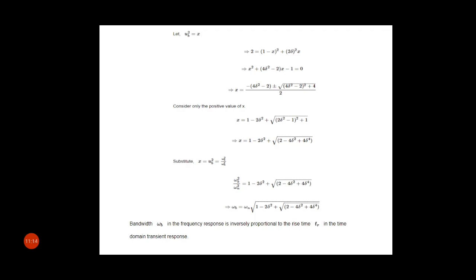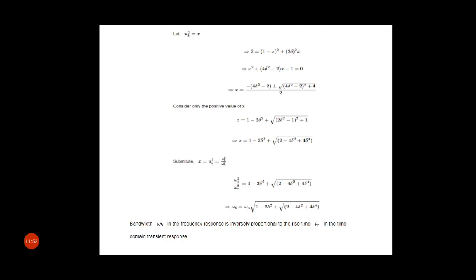Simplifying this equation, we can find x equal to (minus 4 zeta square minus 2 plus minus root under (4 zeta square minus 2) whole square plus 4) whole divided by 2. Now we consider only the positive value of x, that's why x equals 1 minus 2 zeta square plus root under (2 zeta square minus 1) whole square plus 1.